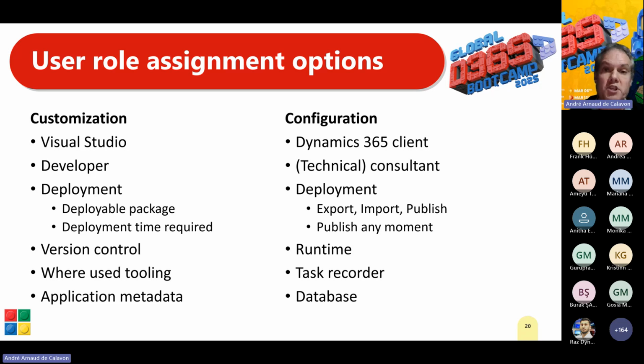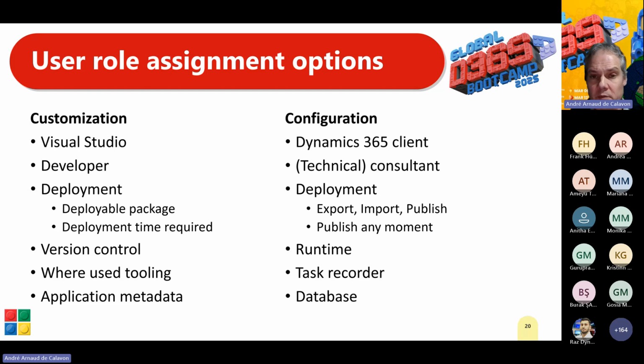If you're using customizations versus configuration, all changes are initially application metadata. So if you're looking at the hard drive of the development environment, then all security objects are listed as metadata XML files on the disk. If you deploy it to an environment, it will create runtime objects for those security roles.